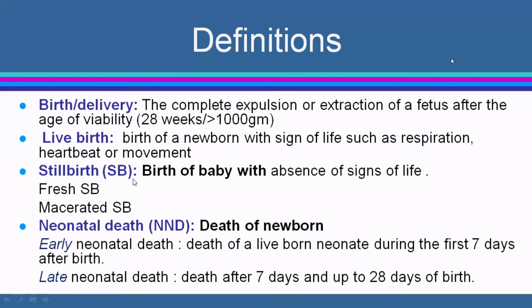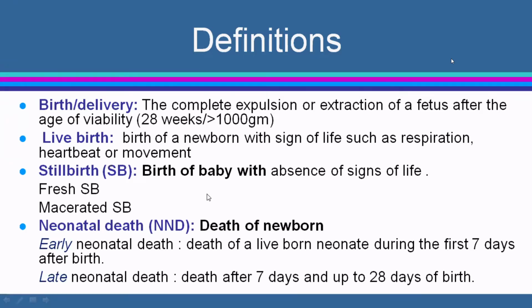Okay, so stillbirth can be fresh stillbirth, when the death has just occurred before the delivery, and macerated stillbirth means the stillbirth which has occurred a long time before delivery. Okay, and a term known as neonatal death. It is the death of a newborn.